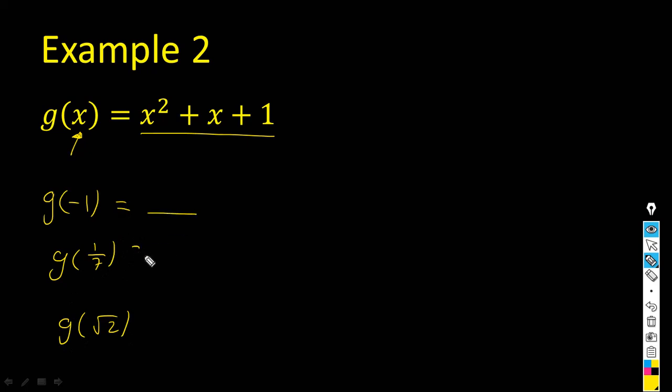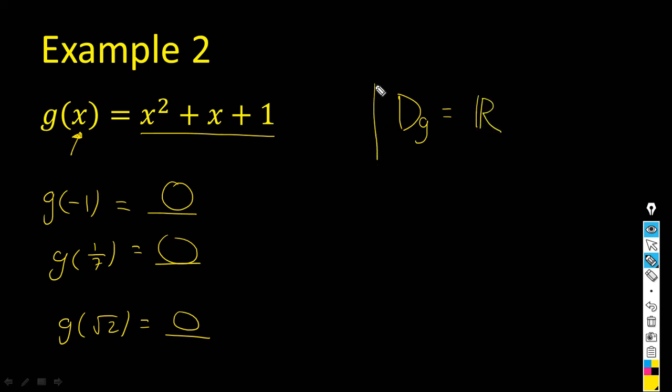All of these things are gonna produce normal numbers. Okay, nothing weird is gonna happen. So again, we also say that the domain of g is equal to all the real numbers. I can evaluate this function in any real number and nothing weird is gonna happen. And again, you will understand what I mean by weird in a moment.